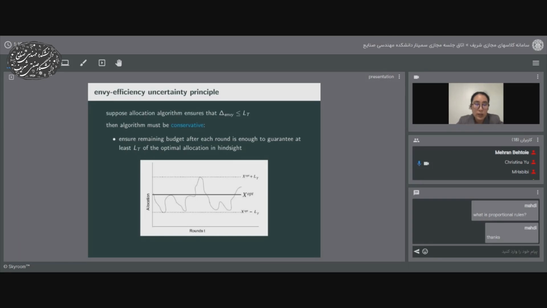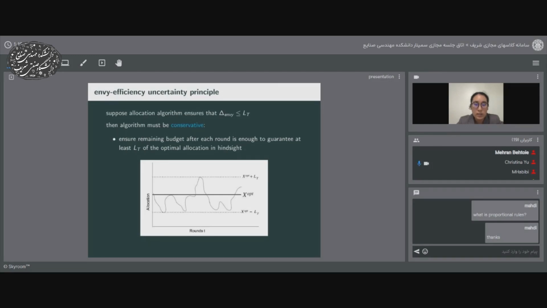Now, the challenge actually is satisfying the lower guardrail. In particular, if my algorithm is too aggressive early on, it might accidentally run out of budget, such that near the end of the latter rounds, it might not have enough budget to satisfy even the minimum guardrail.